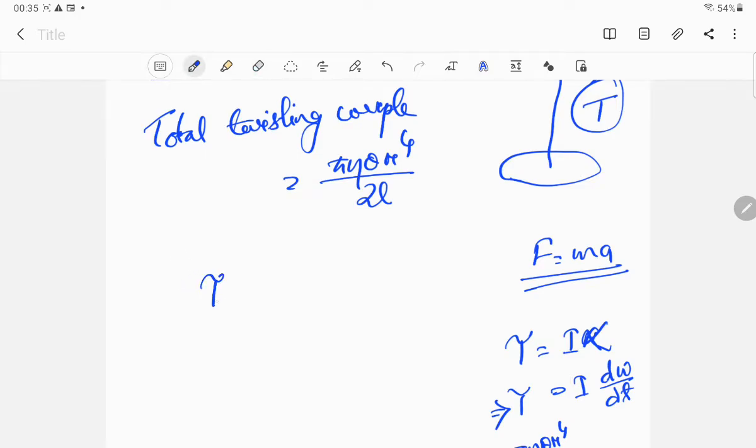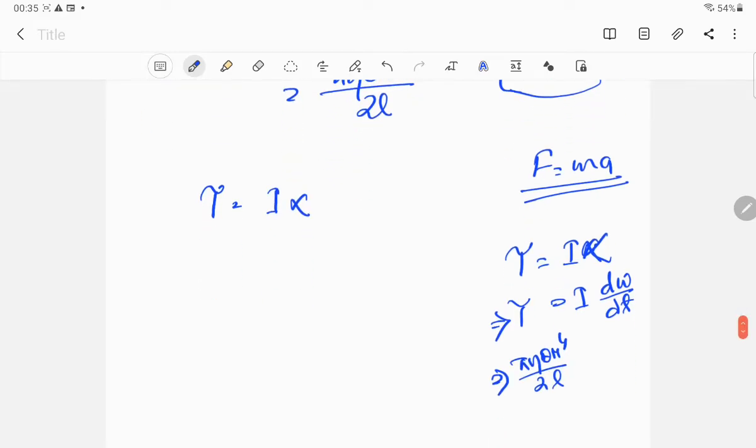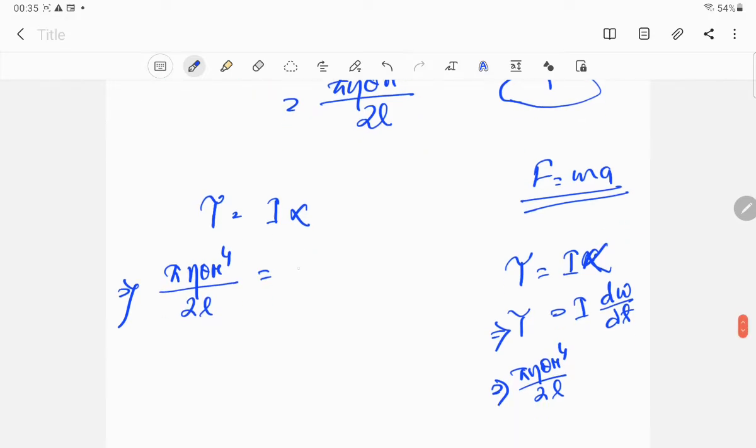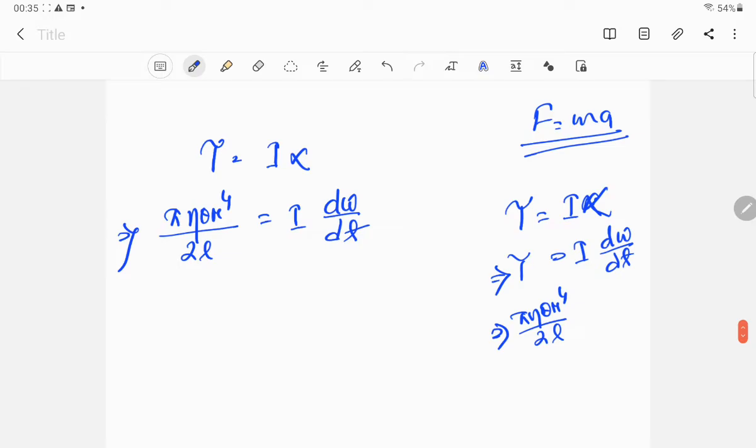Twisting couple, or torque, is equal to I into alpha, where alpha is angular acceleration and I is the moment of inertia. So the total is pi eta theta r to the power 4 by twice L, and I alpha is equal to I d omega by dt.